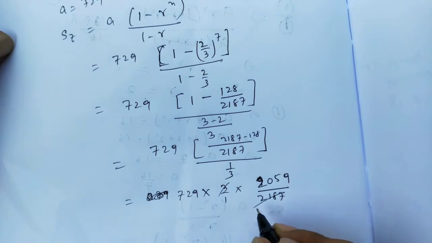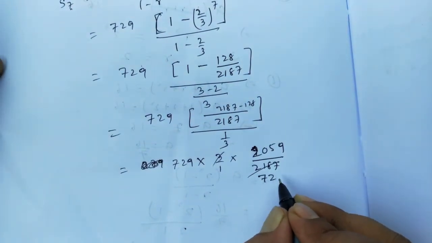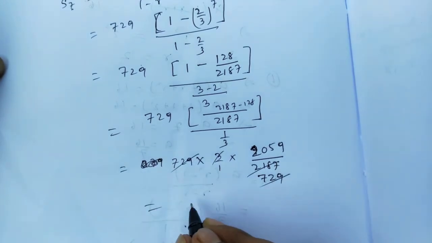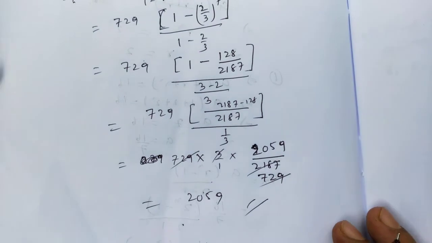Cancel it. 729 times 3 is 2187, so these two cancel. We're getting 2059. So this is your answer.